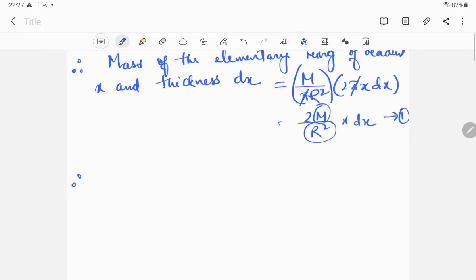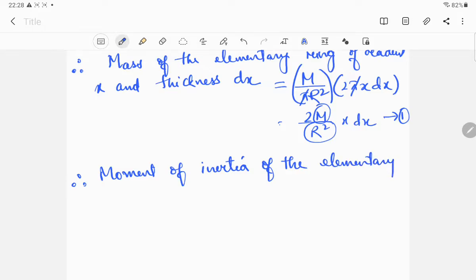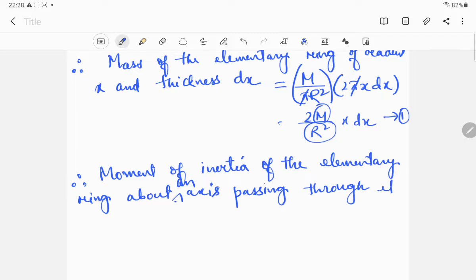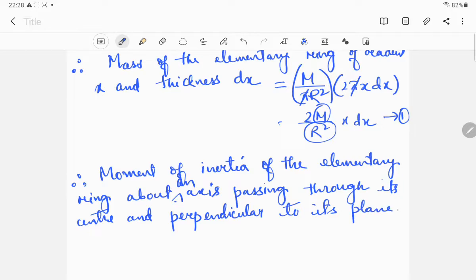Therefore, moment of inertia of the elementary ring about an axis passing through its center and perpendicular to its plane is equal to.